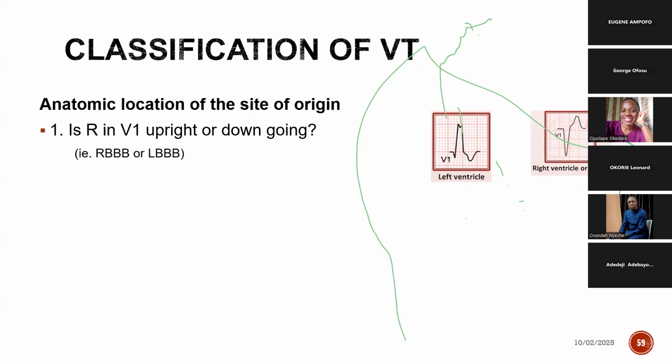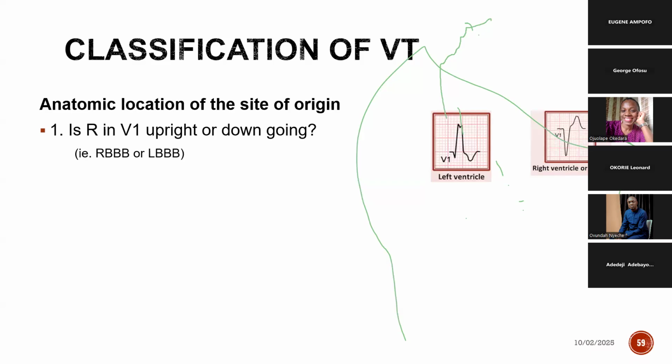If in V1 it is more negative, that's giving a left bundle branch block morphology. What it means is that the lesion will be in the right ventricle or the septum.